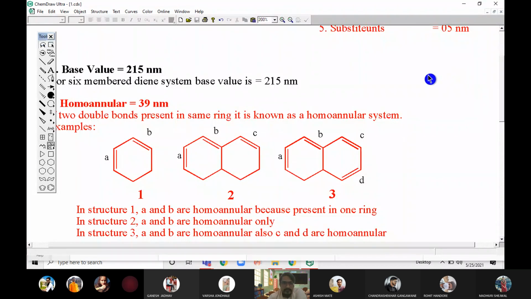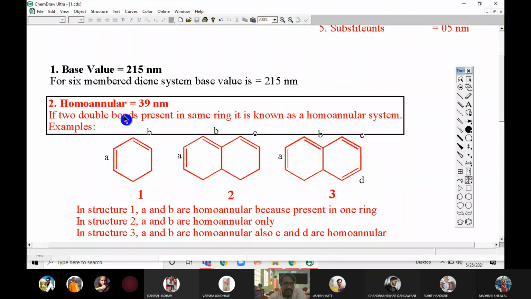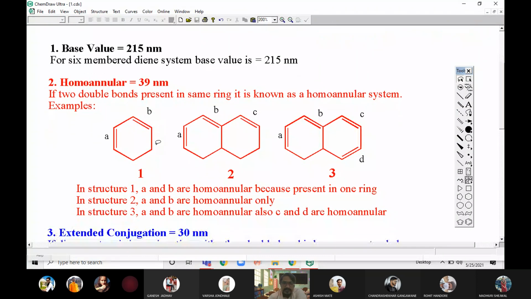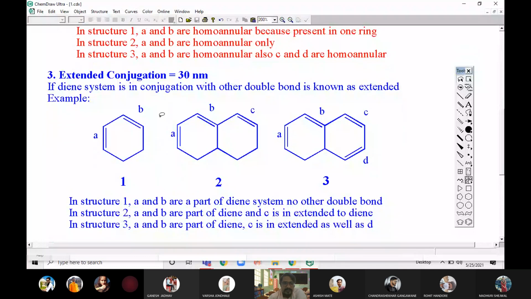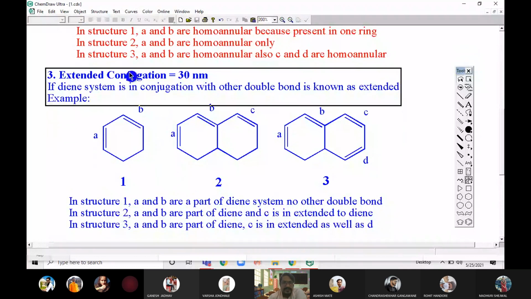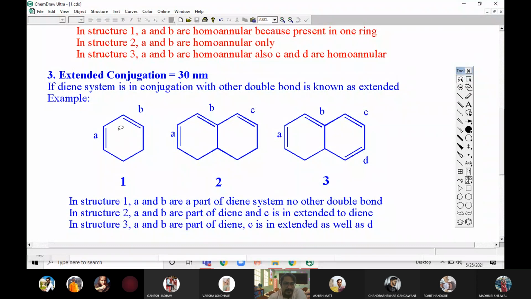Now next is extended conjugation. As in the rule we have seen, the word represents that if a diene system is present and it is conjugated with another double bond, it might be one, two, three double bonds, and if it is conjugated with the diene, then we call it extended conjugation.